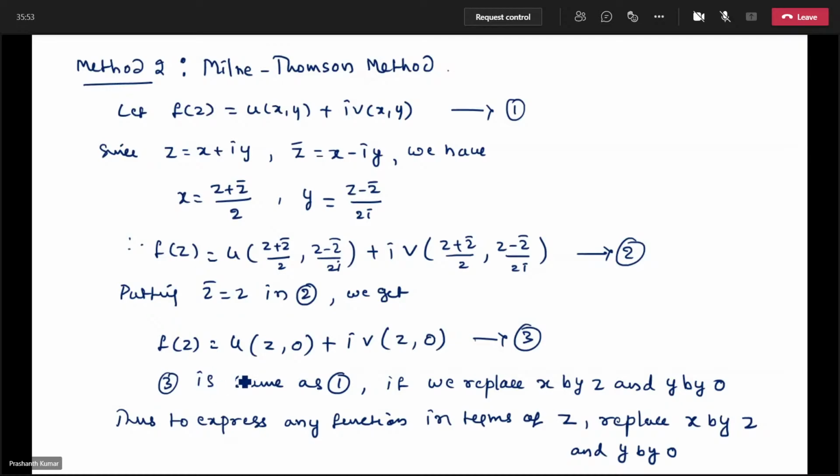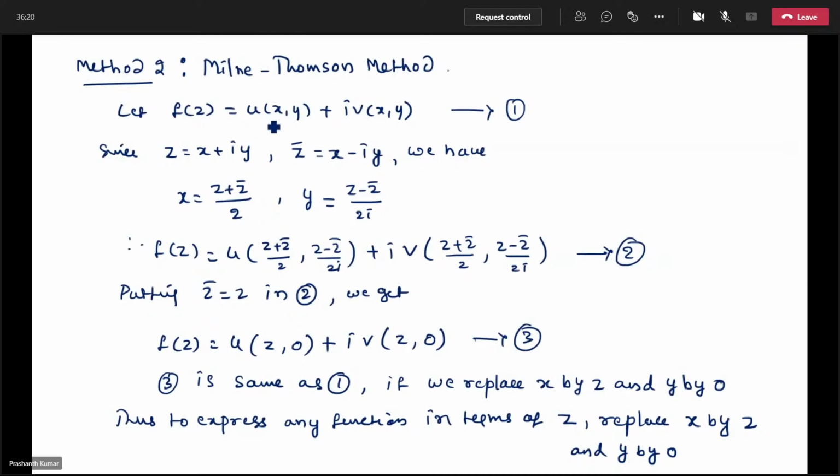So here you see what we are doing. If you know x or y, anyone, either u or v, u is the real part, v is the imaginary part. From this one, if you know the real part, you will find the imaginary part. If you know the imaginary part, you will get the real part.